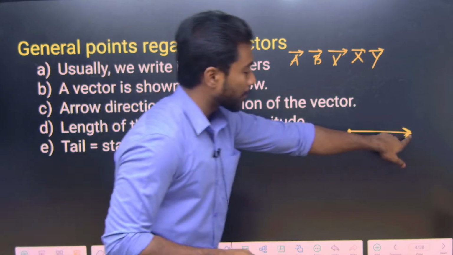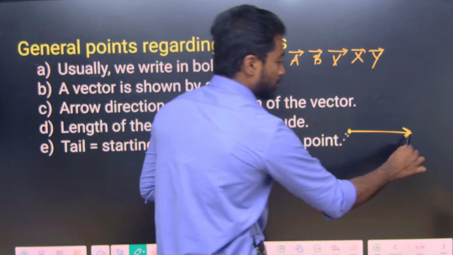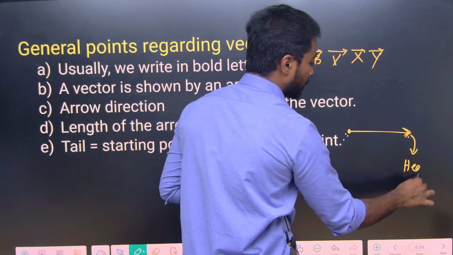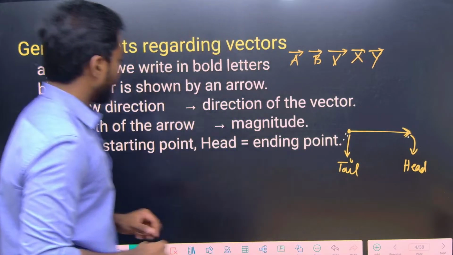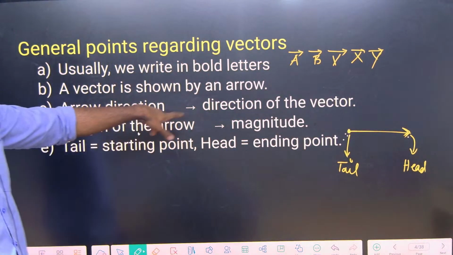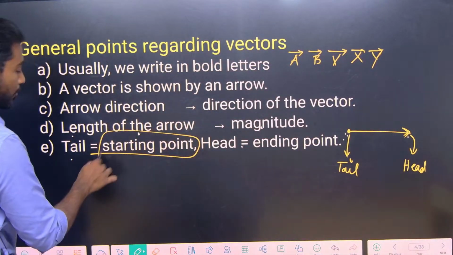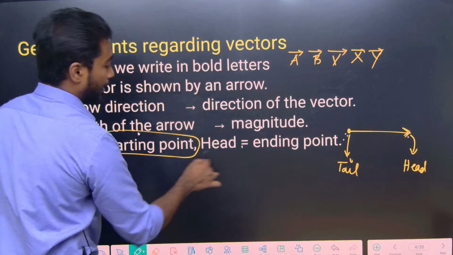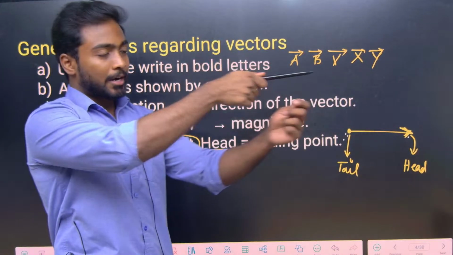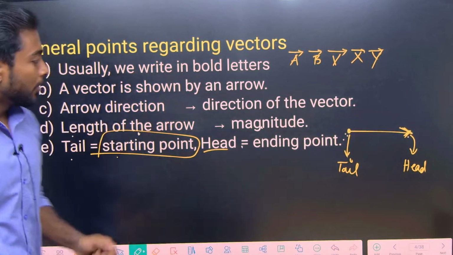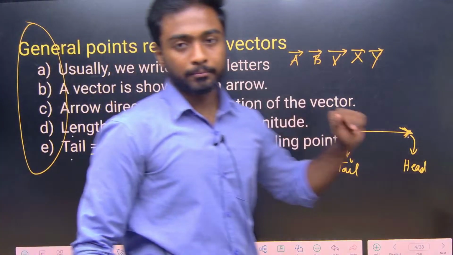Similarly here, the sharp point will be the head and the end of that will be the tail. So this is my head point, and this is my tail. The length of the arrow gives the magnitude, and the tail is the starting point and the head is the ending point. Okay, like this only we will draw the arrow. So these are the general points about the vector.